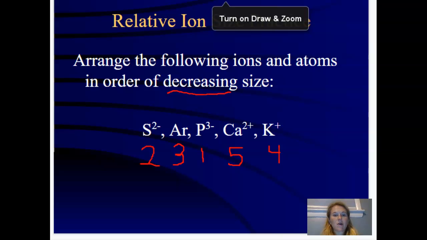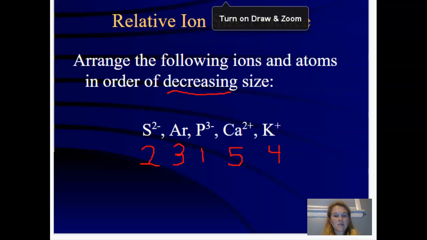So we're going to have our biggest one right here, our phosphorus with the -3, and then sulfur -2. Argon is neutral, our noble gas there. And then we're rounding the corner into the next energy level with a potassium +1, and then our calcium +2.